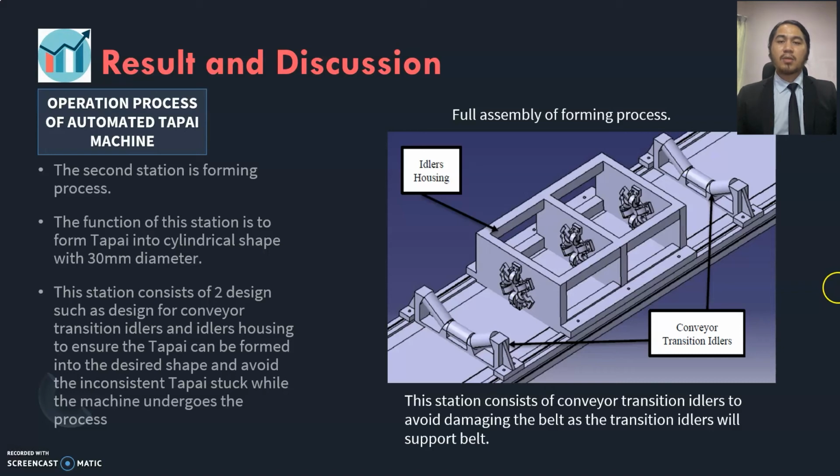This station consists of 2 designs, the conveyor transition idlers and the idlers housing, to ensure the tapai can be formed into the desired shape and to avoid inconsistent tapai getting stuck while the machine undergoes the process. This station consists of conveyor idlers to avoid damaging the bed, as the transition idlers will support the bed. The figure shows the full assembly of the forming process.